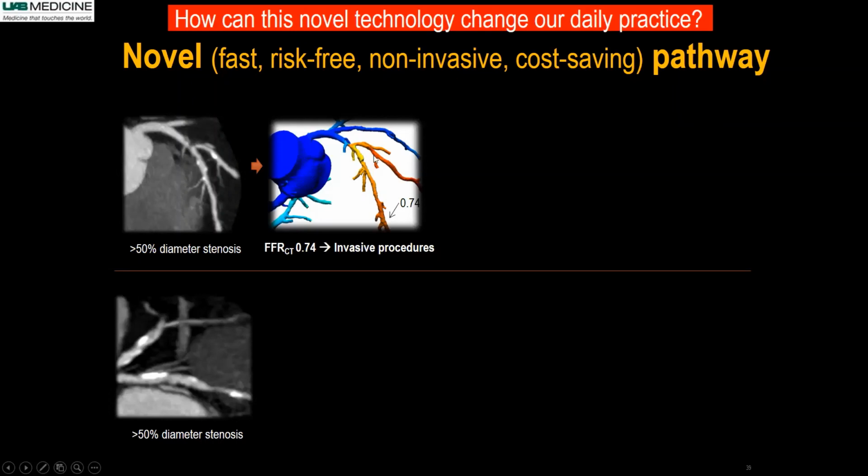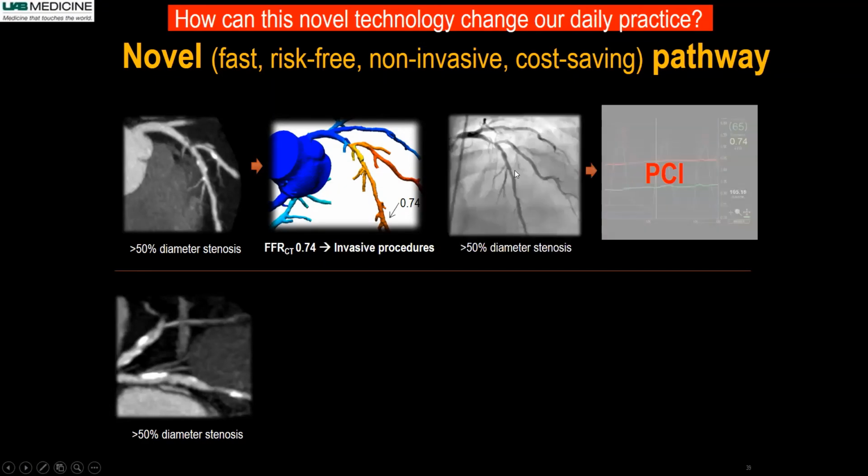What if, after CTA, we do CT FFR? For example, here, the same patient has disease, and if you do CT FFR, there is a low value of 0.74 more distally. That means this patient needs intervention. So now you do intervention, which is good.